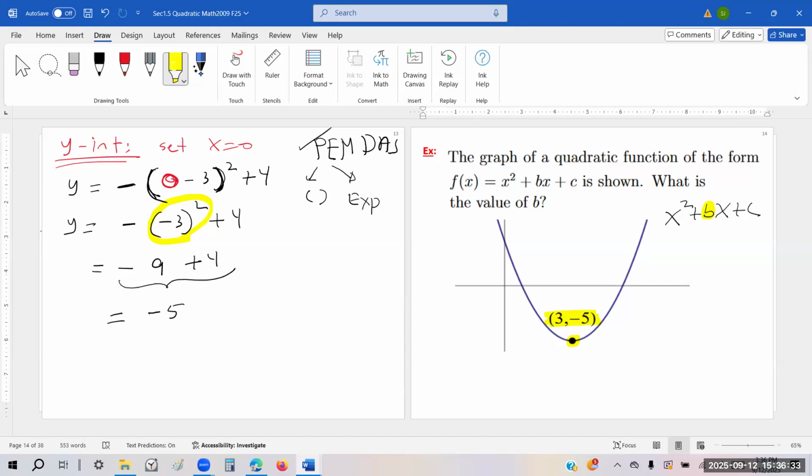Any idea? Using the vertex, how can you figure out b? F of x, you need to know x, but there are three variables for y.